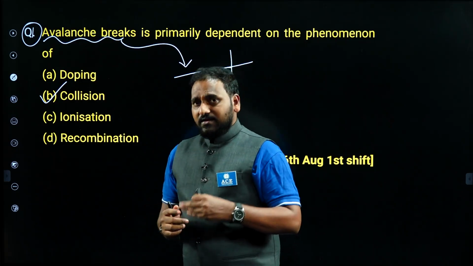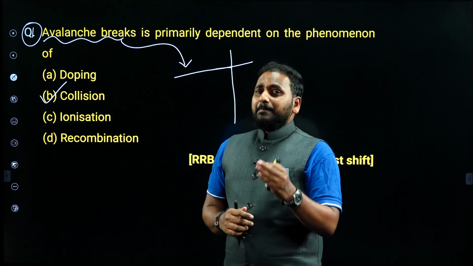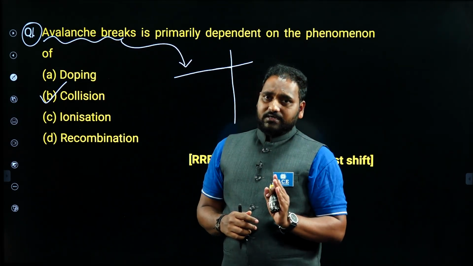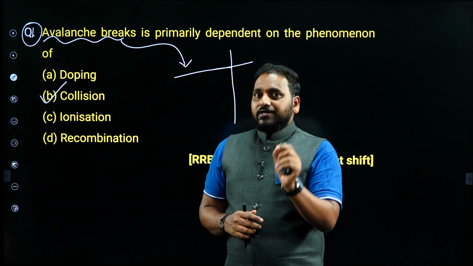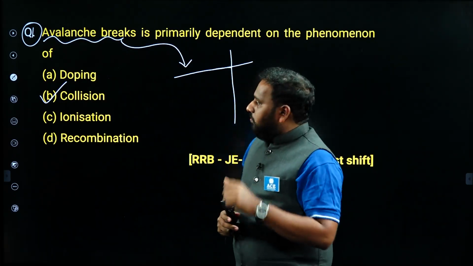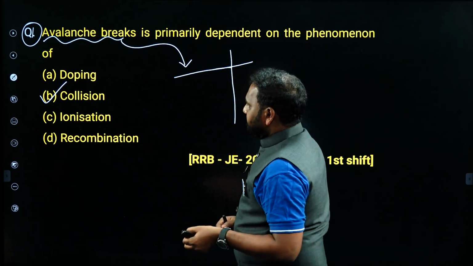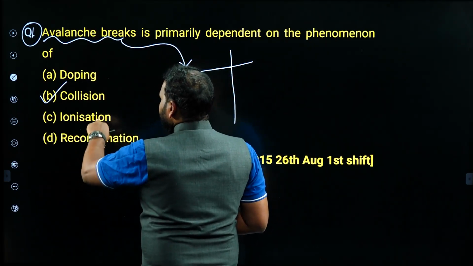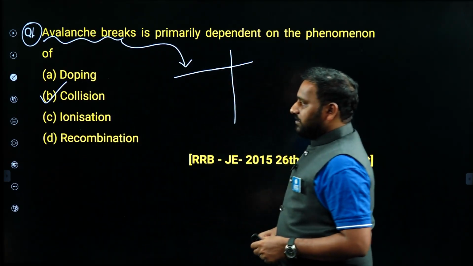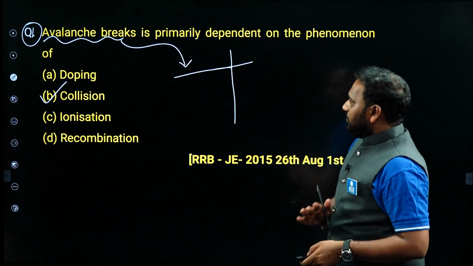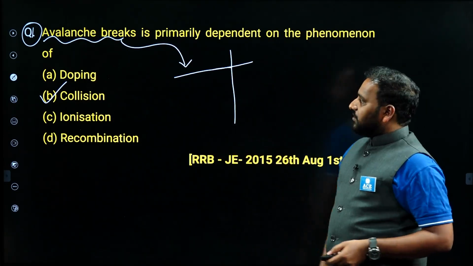This is the collision. Cumulative effect, and impact ionization is also correct. But doping is a completely different story. Recombination and ionization are different; they do not belong to the breakdown.